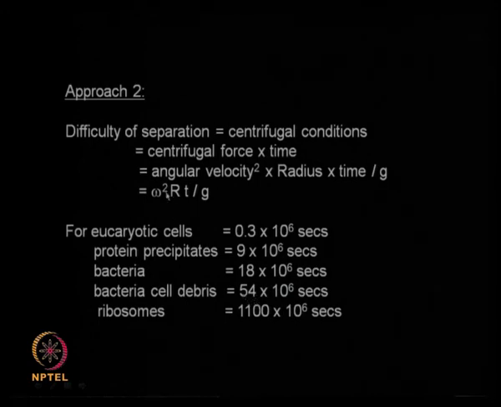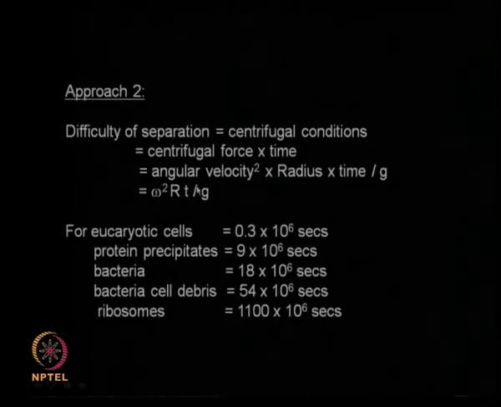That means when I move from a small scale which has certain value of omega, r and t, to a larger scale and I want to separate bacterial cell debris, then I can keep the same number, 54 into 10 power 6, but it may have different omega, different radius, different time, but the product of omega square r t by g will be the same irrespective of the scale.